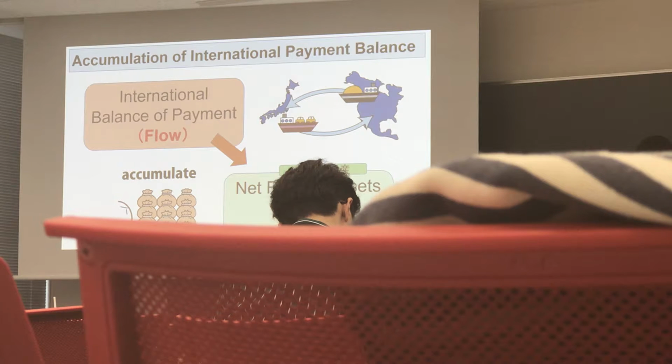BOP is a concept of flow, and NFA, or net foreign assets, is that of stock. Minor highlight. And B is minor highlight too. NFA is a net value of the overseas assets minus overseas debts. So that is the definition of net foreign assets.